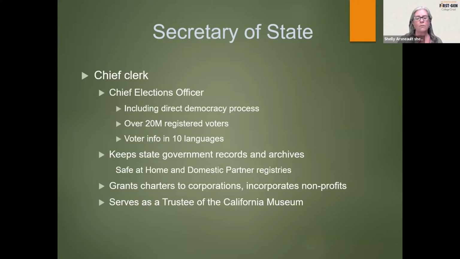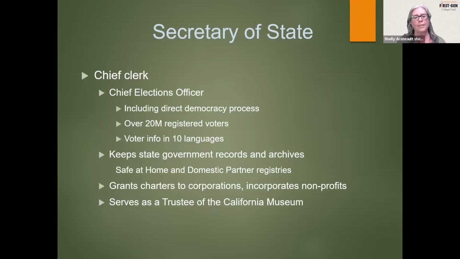We have a lot of programs that run through the Secretary of State's office. I just grabbed a couple that I thought were, again, possibly of interest to our audience. One is the Safe at Home registry, which I think is really, again, really important.